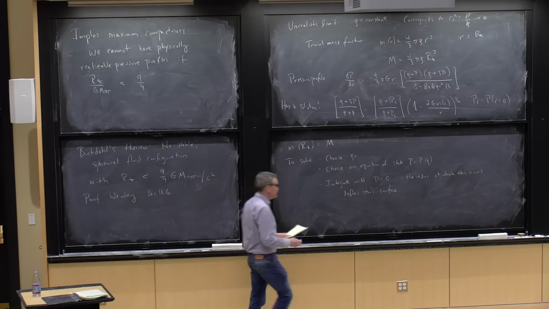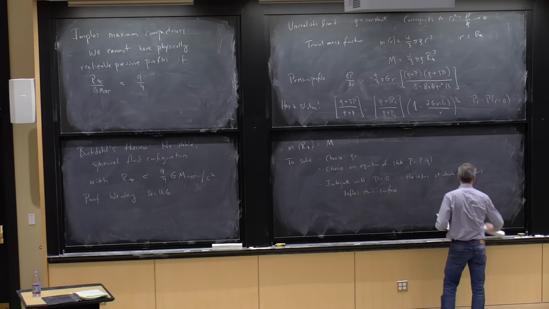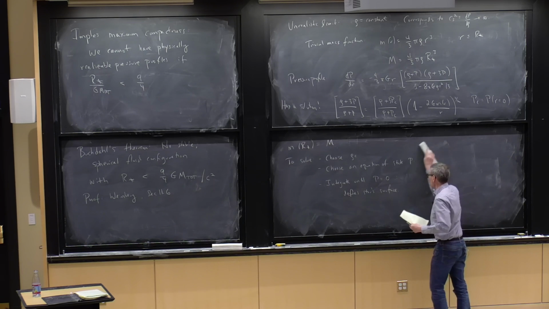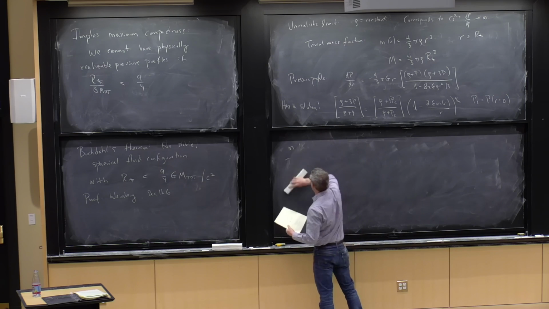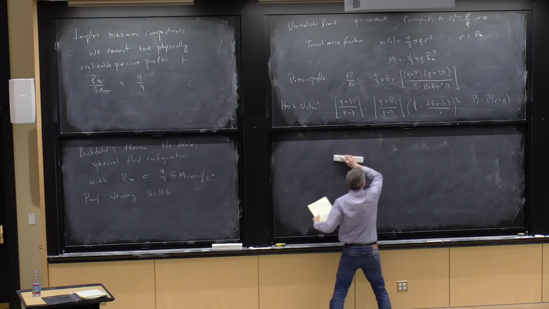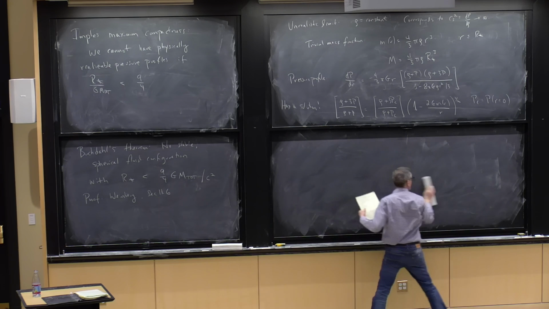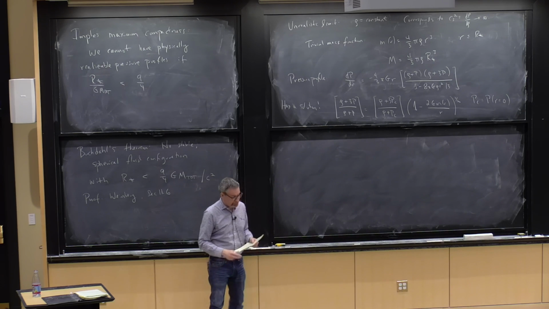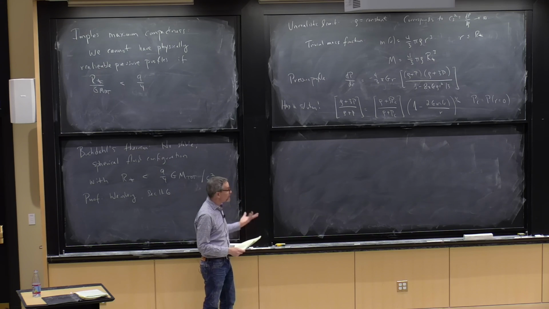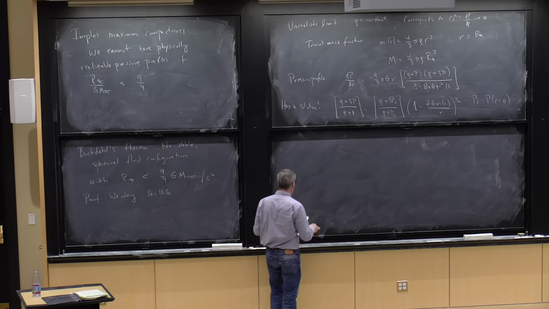So let's talk a little bit. This will help you with the homework assignment where you guys are going to construct relativistic stellar models. Let's talk a little bit about how we describe real objects. Okay, they are not of constant density.